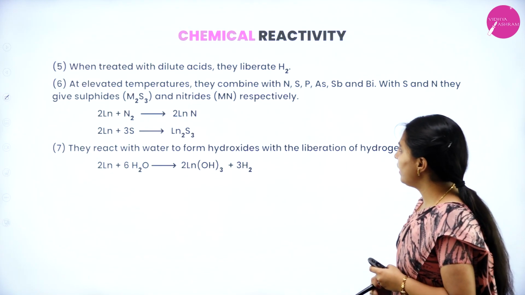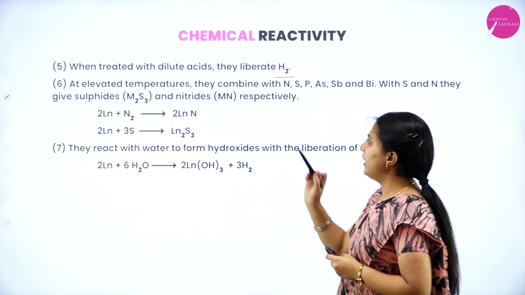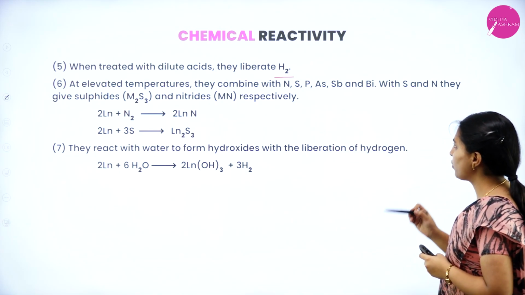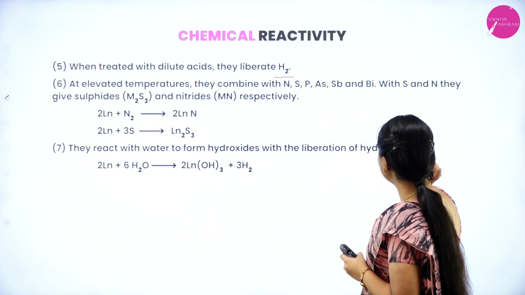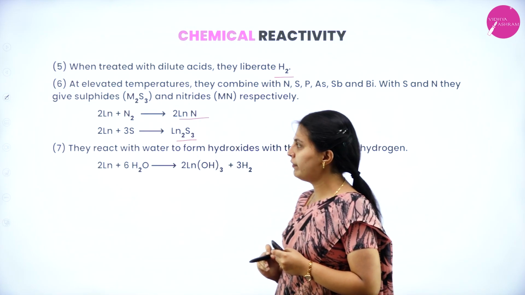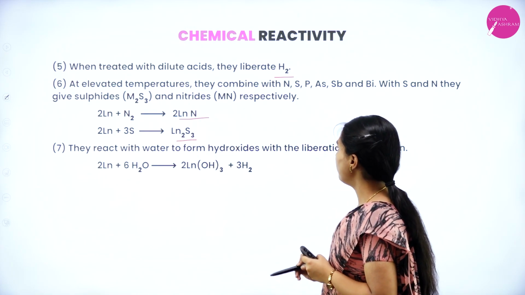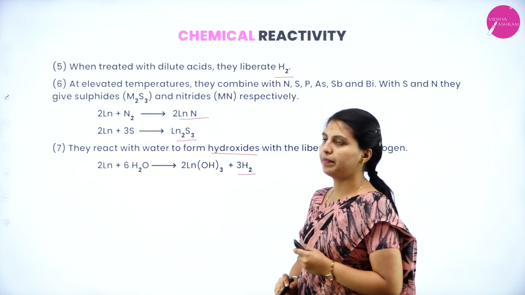When treated with dilute acids, they liberate hydrogen gas. At elevated temperatures, they combine with nitrogen, sulfur, phosphorus, antimony and bismuth. With sulfur and nitrogen, they give sulfides and nitrides. They react with water to form hydroxides with the liberation of hydrogen gas.